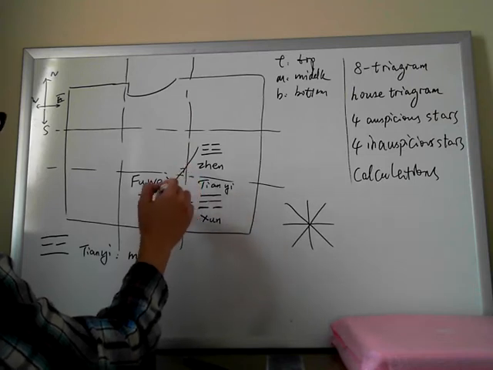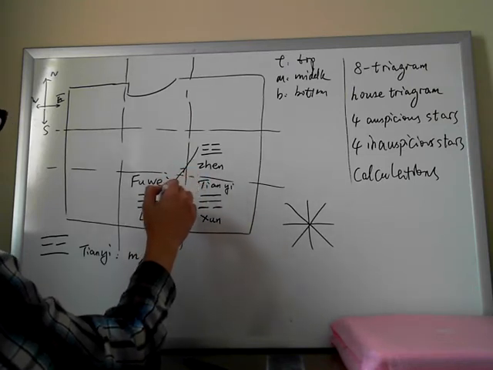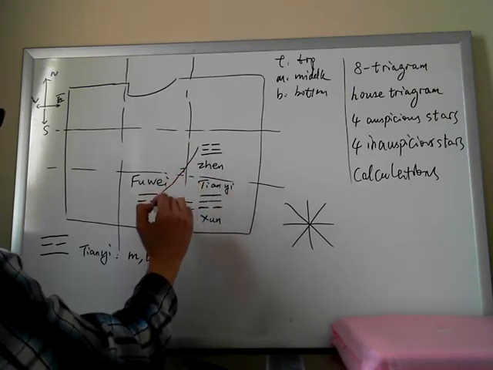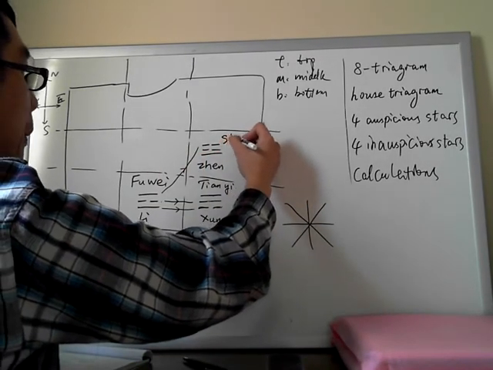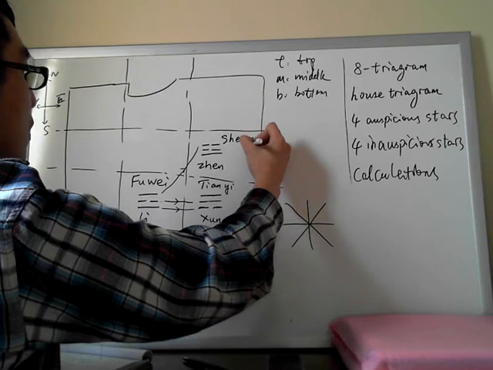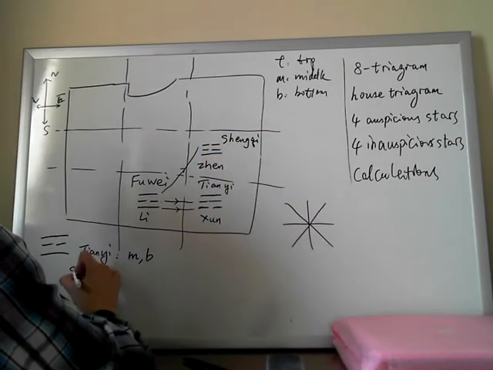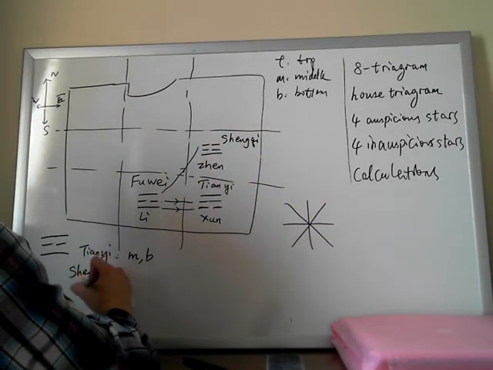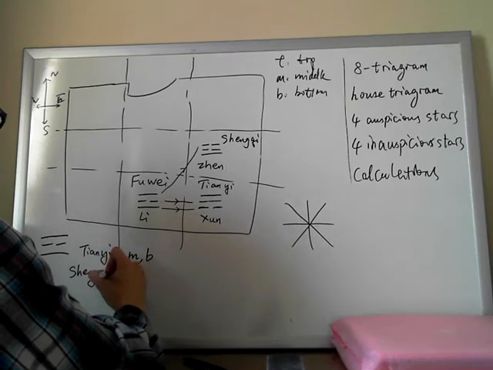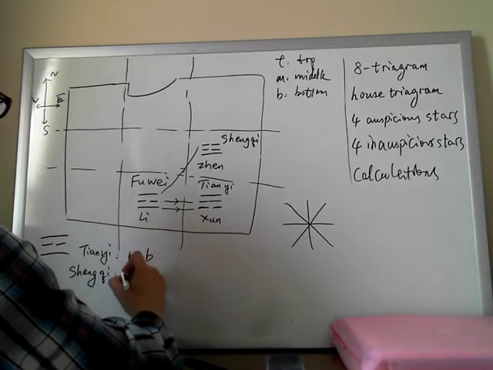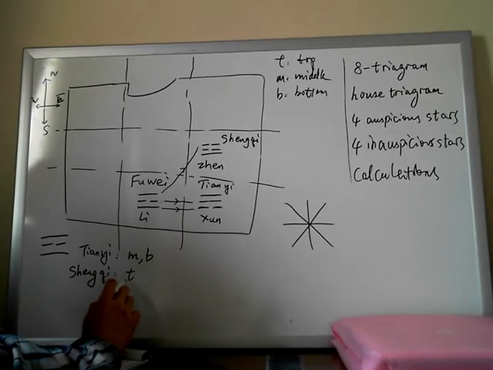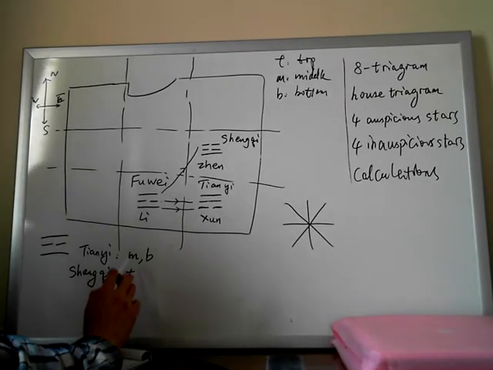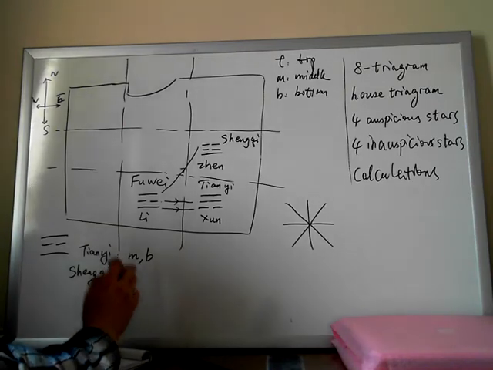That's the only change. The middle line and the bottom line are the same. So only the top line changed. This is the Sheng Qi position. I know it's a little boring, but at the beginning I will go slowly. Only the top line changed, so when I note T, that means the top line changed. Then MB means the middle line and the bottom line changed.